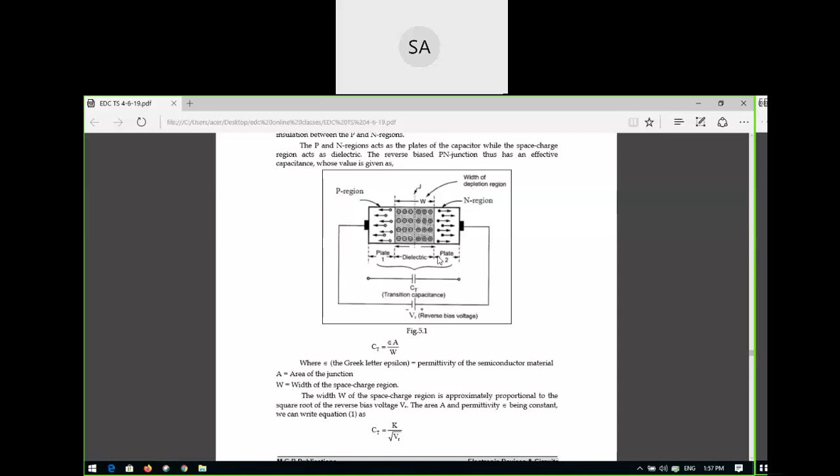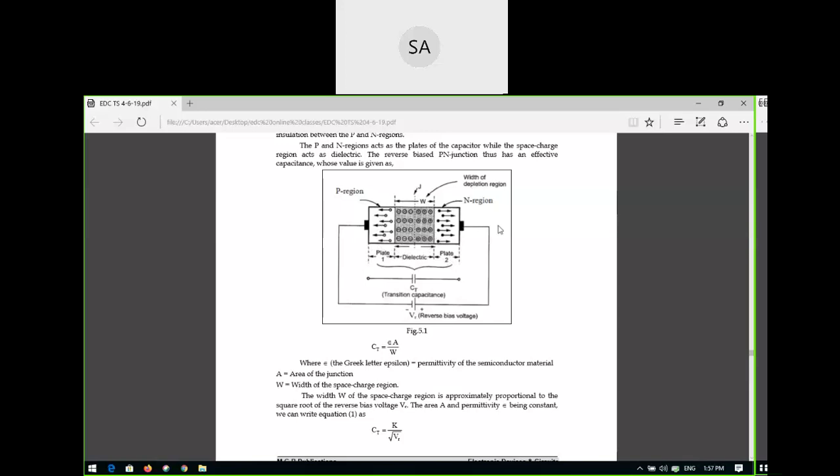In order to use a normal PN junction diode as a varactor diode, variable capacitor or varicap, which are all the same, you should connect it in reverse bias, because it will act like a capacitor. This region acts like a dielectric, and the P and N regions act like plate one and plate two. That means it is a simple capacitor.